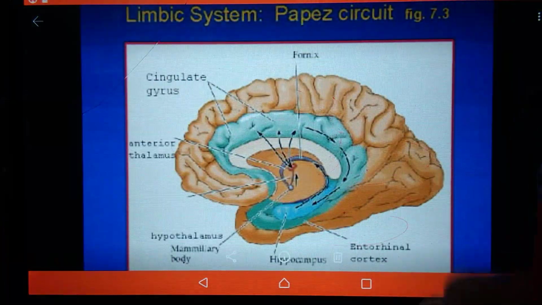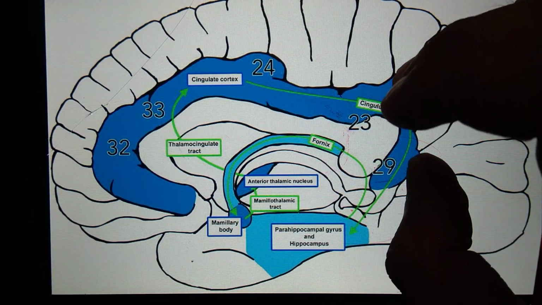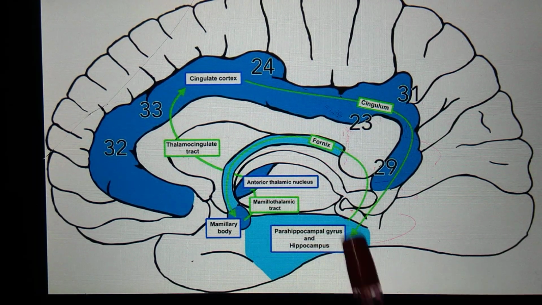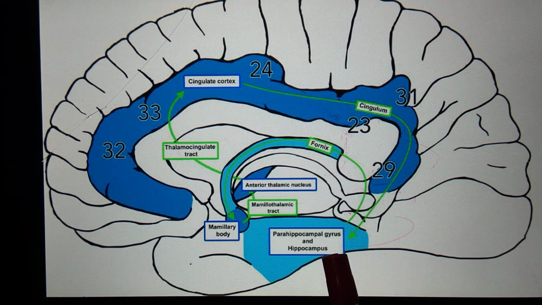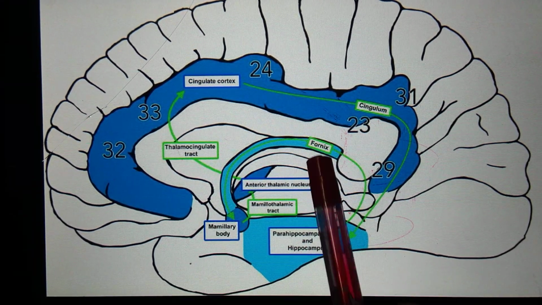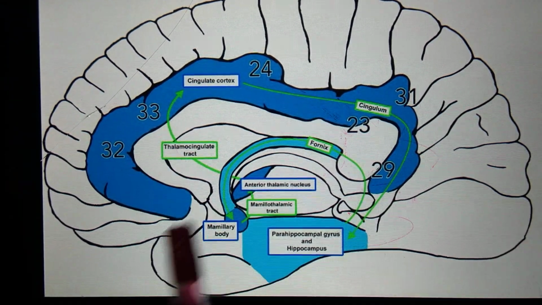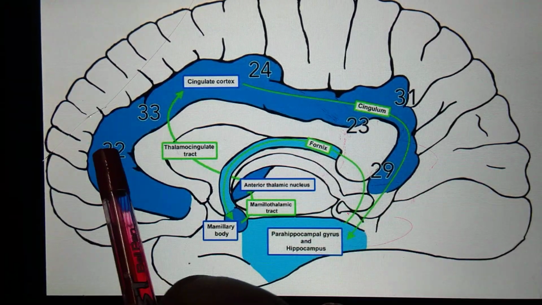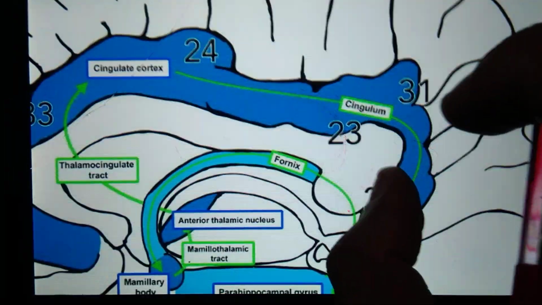But I can't understand. Okay, don't worry. Look at this diagram. So this is your parahippocampal gyrus and hippocampus. Okay, fine. And what is this? This one is the fornix. And this white colored structure is the corpus callosum, and above the corpus callosum is the cingulate gyrus, or cingulate cortex.